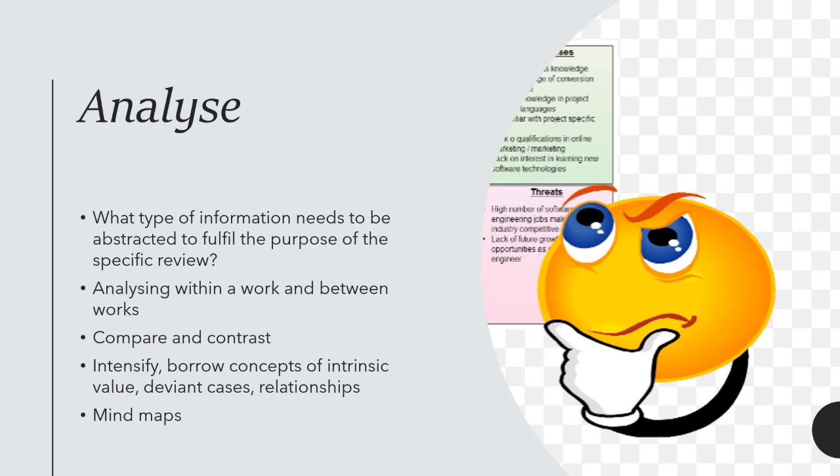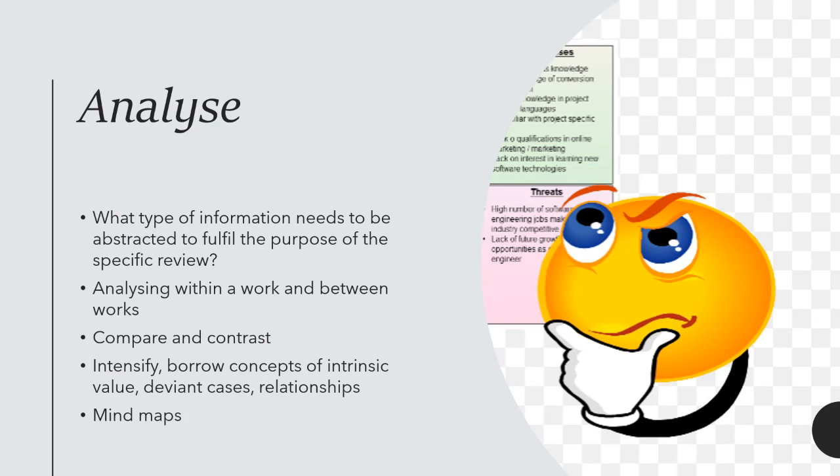So as you analyze, you will intensify your search, your writing, and by that we mean your reading becomes more focused. When we're doing our literature review in different stages, our initial reading of literature might be quite broad to get a sense of what the playing field is.